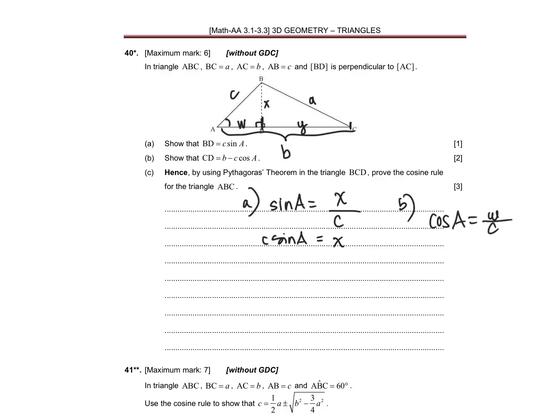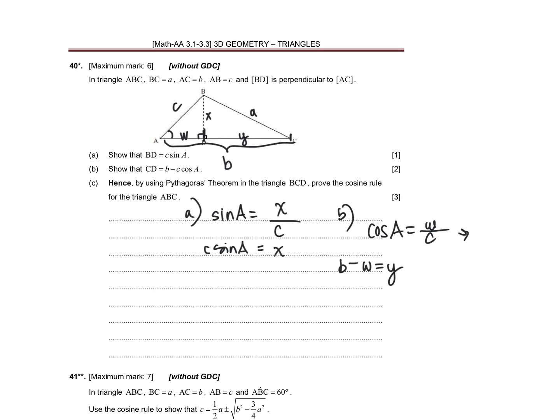So we have b minus w equals y. I have a cough drop, sorry. If we solve for w here, w is equal to c cosine A. So we have b minus w, c cosine A, is equal to y, which is the CD.